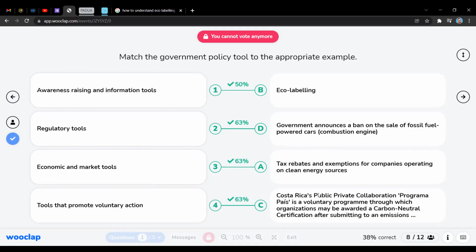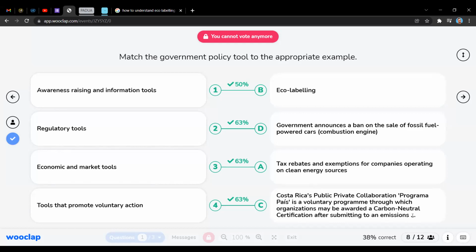For example, in Costa Rica, you have a program called Programa País, it's in Spanish, I think, which is a voluntary program through which organizations may be awarded a carbon neutral certification after submitting to an emissions test.